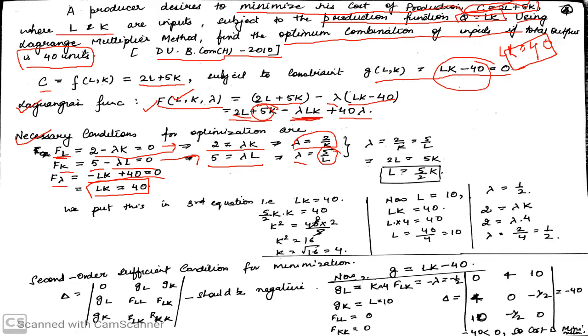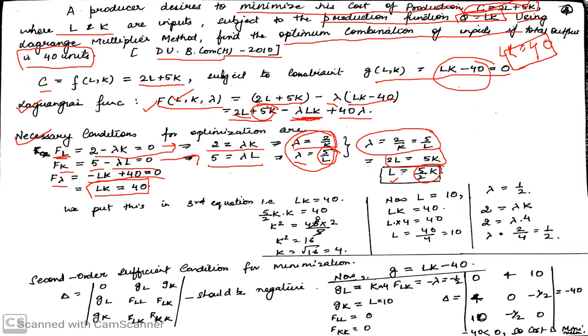So lambda is equal to 2 by K and lambda is equal to 5 by L. So lambda is equal to 2 by K is equal to 5 by L. Over here we get a relation, that is 2L is equal to 5K. Twice of labor is equal to 5 times capital. We take out the values. L is equal to 5 by 2 K.